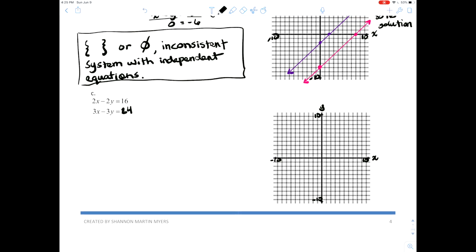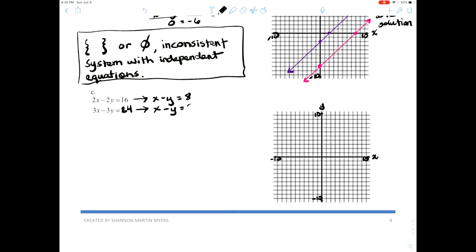If we take a look at this, a lot of times the way to do this would be to rewrite each equation. Notice that if we divide the first equation by 2, we get x minus y is equal to 8. If we divide the second equation by 3, we get x minus y is equal to 8, right? So the situation is it will overlap, right?